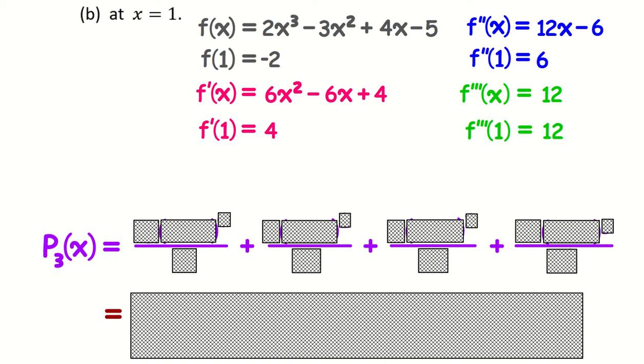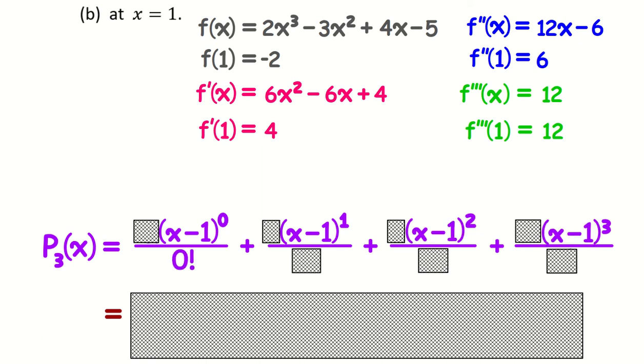When we're doing this at x equals something other than 0, it's not just x to the 0, and it's not just x to the 1, it's not just x to the 2, or x to the 3. It's always x minus that to that power, okay?